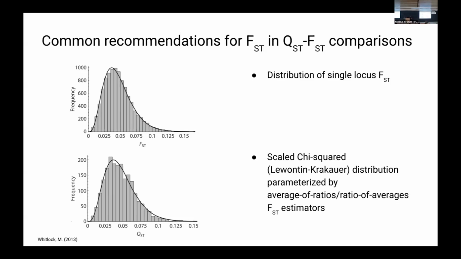Another way is to use the scaled chi-square distribution, also known as the Lewontin-Krakauer distribution, which is often parameterized by average of ratios FST in previous literature. They also recommended using this null with single-locus traits. On the other hand, we can also use the scaled Lewontin-Krakauer distribution parameterized by ratio of averages FST estimators.